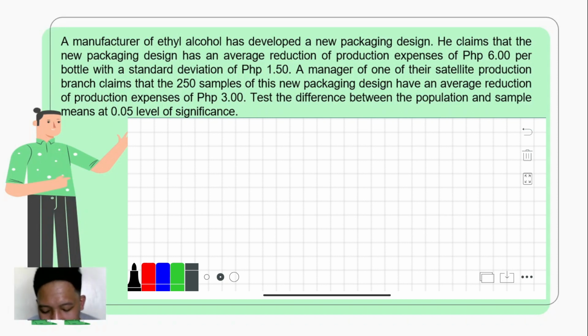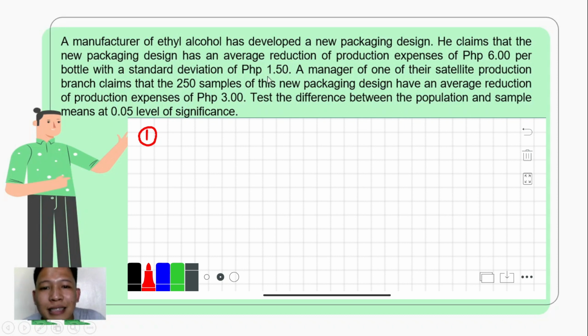Alright, so our first step would be for us to state our given. He claims that the new packaging has an average reduction of production expenses of 6 pesos per bottle with a standard deviation of 1.50.